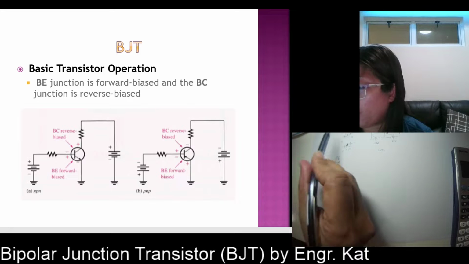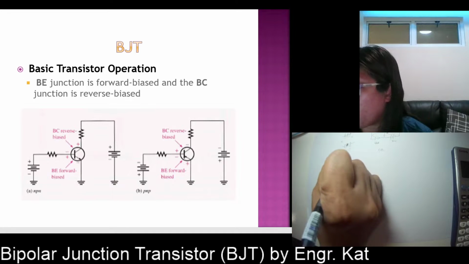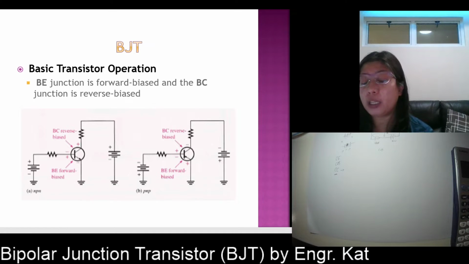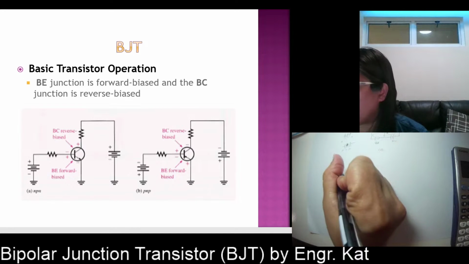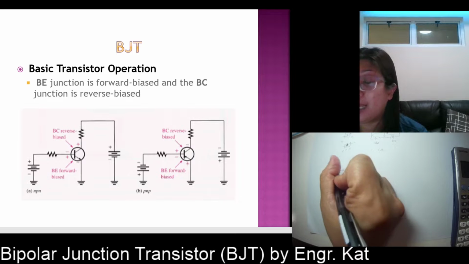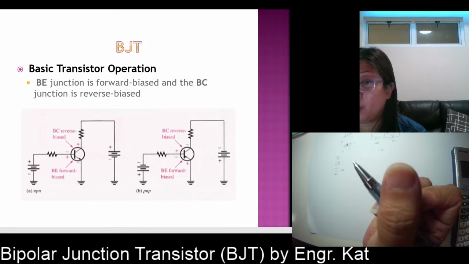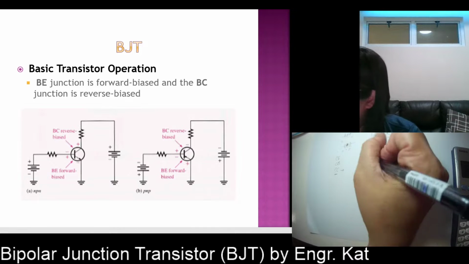So we have the third one, which is common collector. However, common collectors are not used as an amplifier or as a switch. Okay, later on I will be discussing why. For common collector, since the collector is common to both sides, how are we going to explain it?